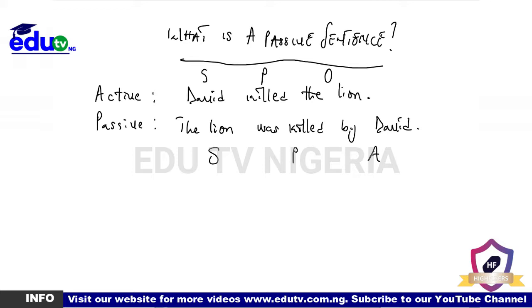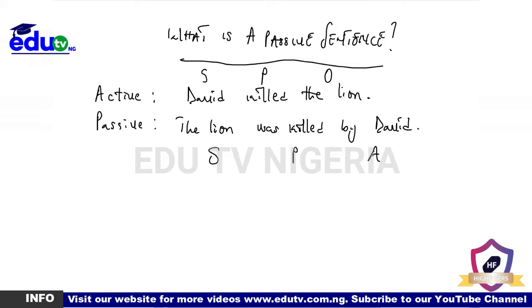First of all, when we talk about the similarities, both of them are actually expressing the same thing. The most important thing was that something was killed. Am I right? So in the first sentence and the second sentence, the important thing is that something was killed, and that thing was the lion, and then the killing of the lion was done by a particular person by the name David.